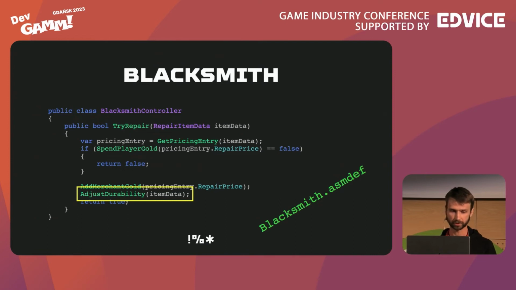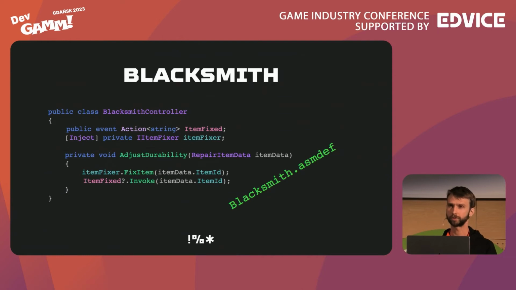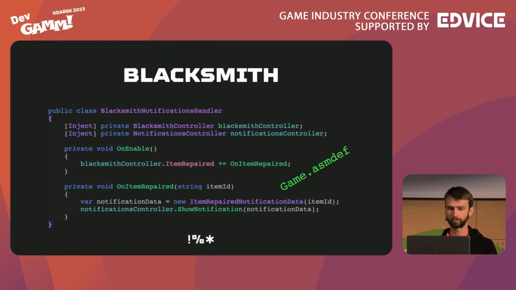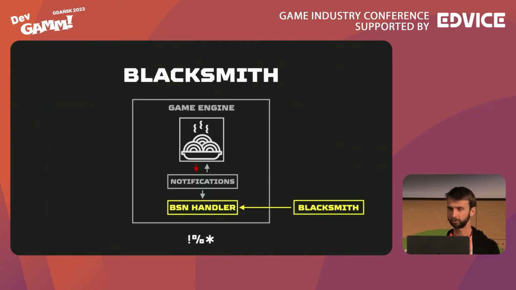Same story with adjust durability. If we want to notify our system that the item was fixed, we can just put in the event item fixed, and maybe in our game we have some notification system that already works for different notifications. We can just reuse it by simply adding an adapter called blacksmith notification handler. And you can also see the similarity between the blacksmith notification handler and the blacksmith pop-ups handler that I showed you before.